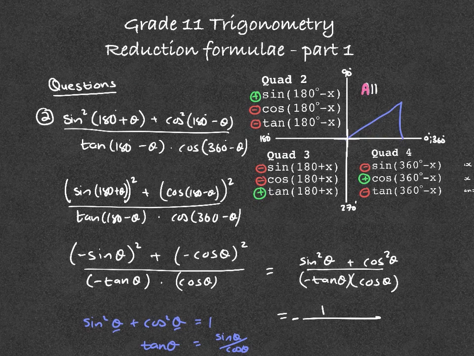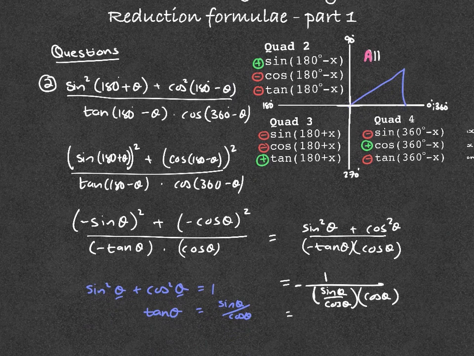It is sine theta over cos theta, and then times that by cos theta. What is that equal to? Yes, that is over 1. So what is cos theta divided by cos theta? That is 1. So what do we have here? We've got negative 1 over, and what is on the denominator there? Sine theta. So that's a good answer.